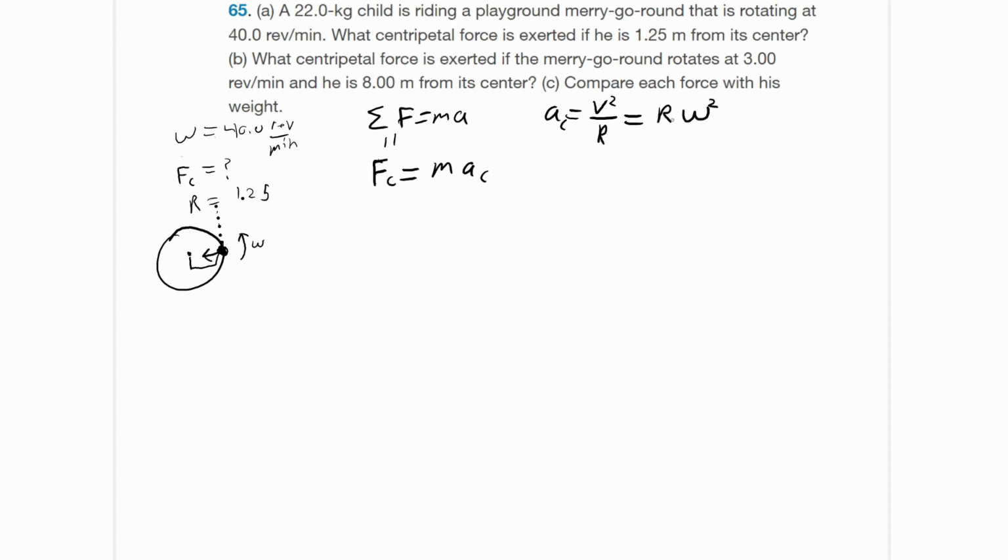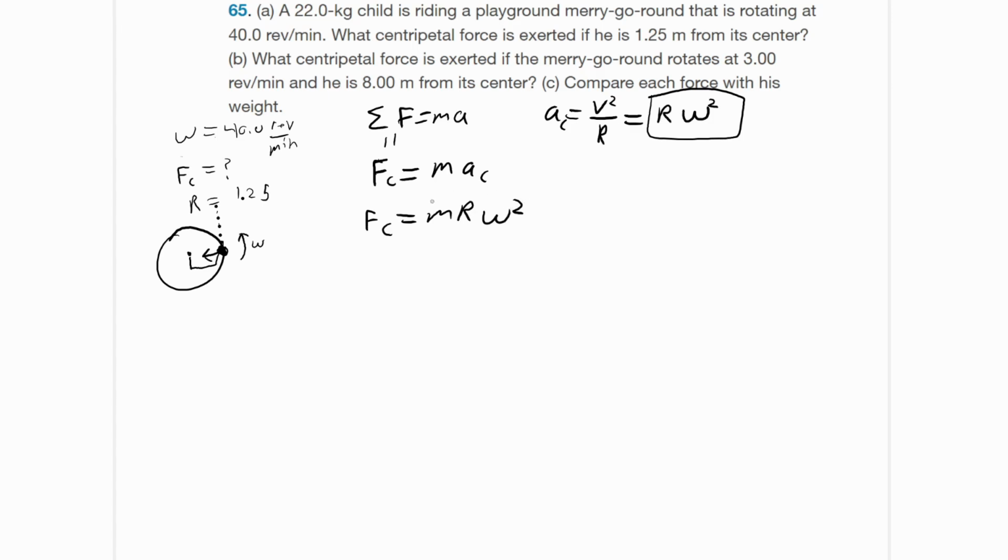Which version you use depends on what you have or what you want to look for. We have an angular velocity, so we're probably going to stick with this version. Let's plug that in. So the centripetal force equals mass times the radius times omega squared.